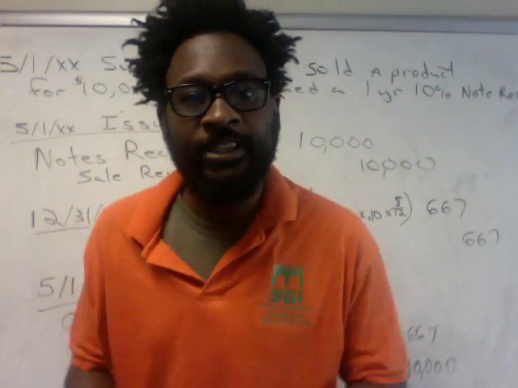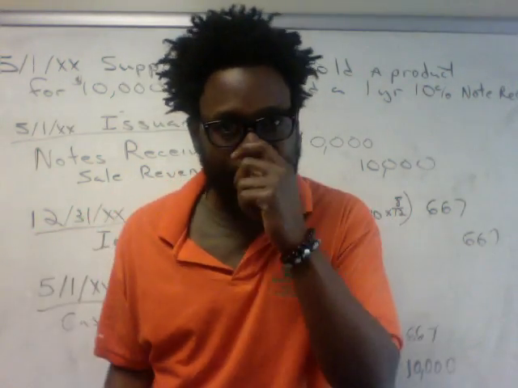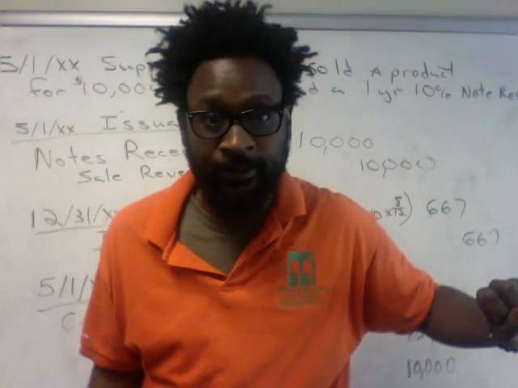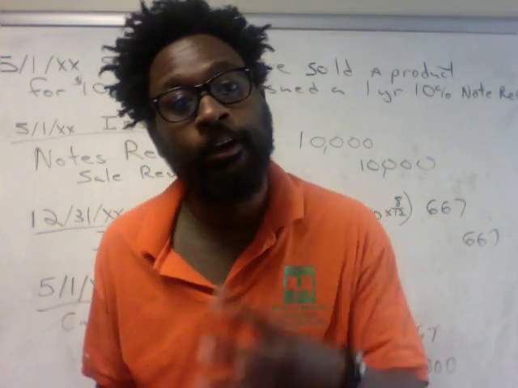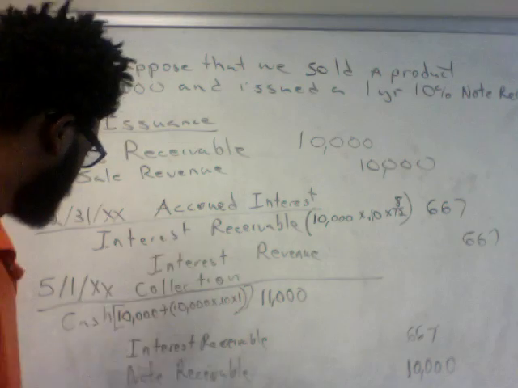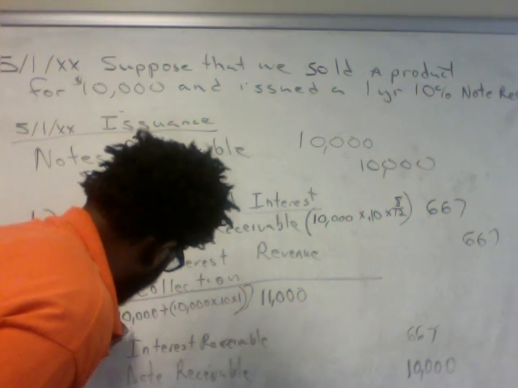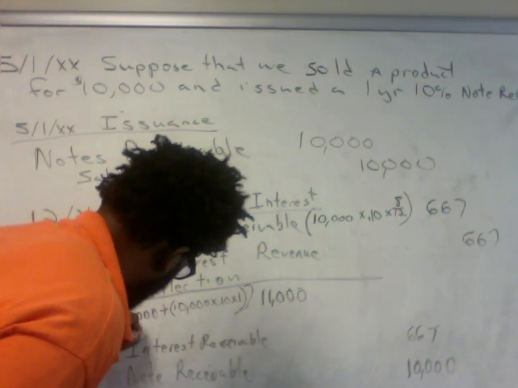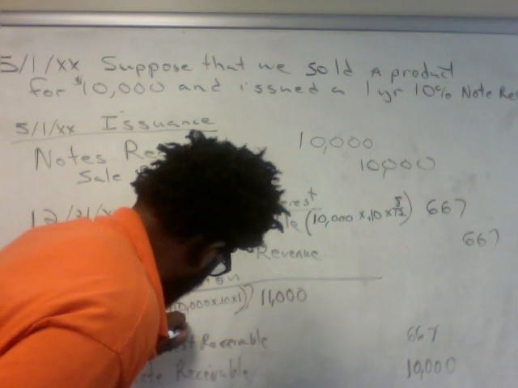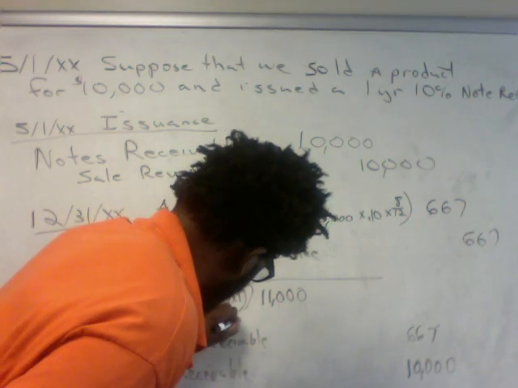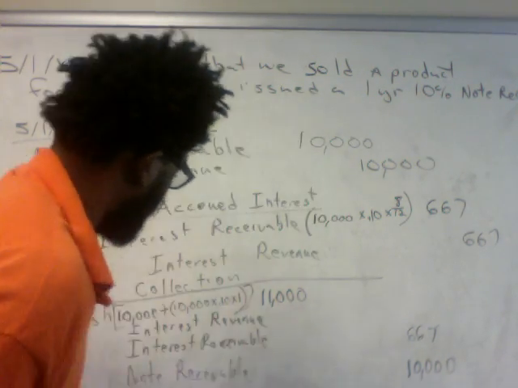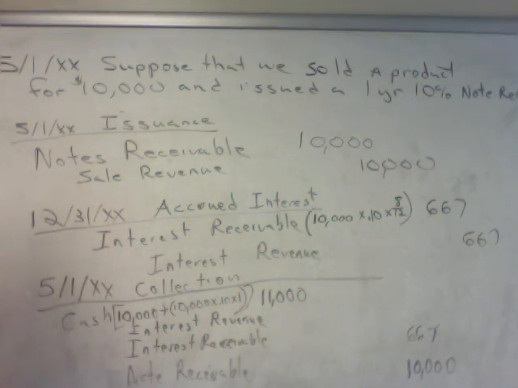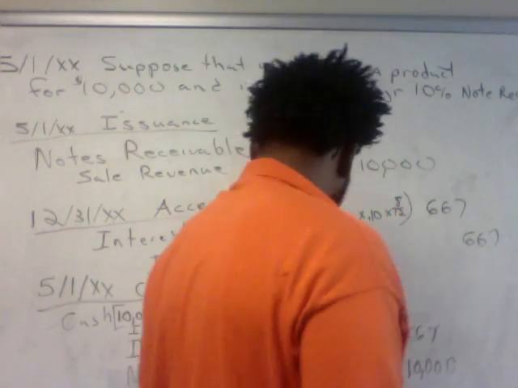And so of this 12-month particular note, we've already accounted for 8 months of interest. Now we have to account for what? 4 months of interest. So we're going to credit interest revenue. And it doesn't matter the order, guys. Interest revenue for 4 months.